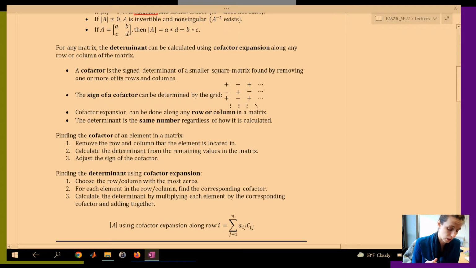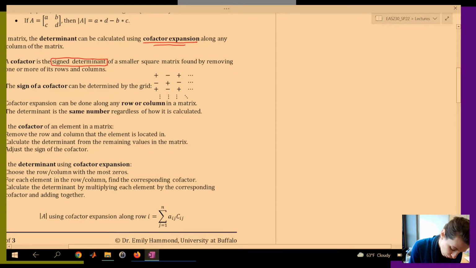Calculating the determinant for any size matrix can be done using something called cofactor expansion. And it can be done along any row or any column, and I'll talk about that. So first things first, the cofactor is called the signed determinant of a smaller square matrix found by removing rows and columns of a matrix. So let's say A looks like this.